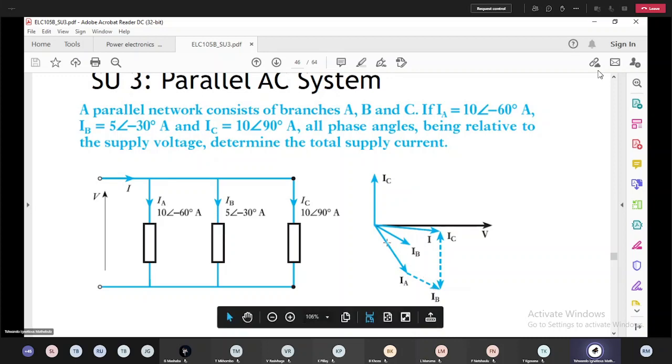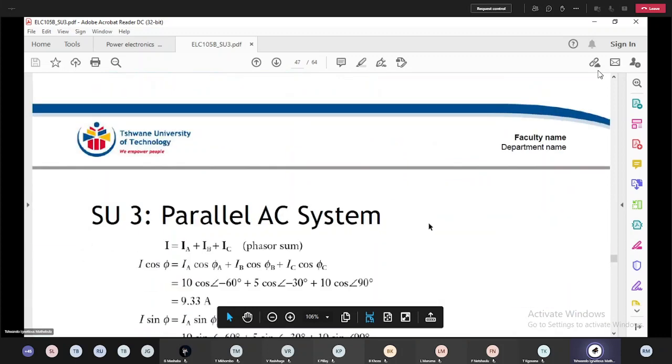So I can take this IB, add it there. I can take this IC, add it there, and of course from the beginning all the way to the end, it should give me what the total current is. So that's if you want to do the graphical summation of these phasor currents.